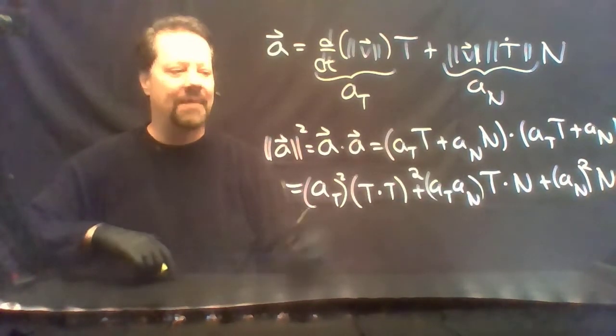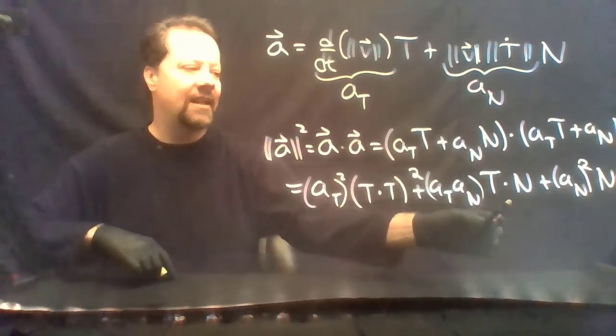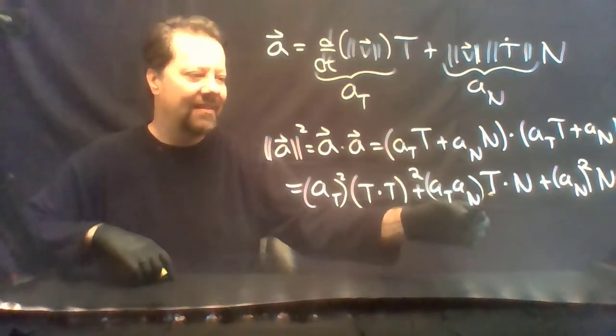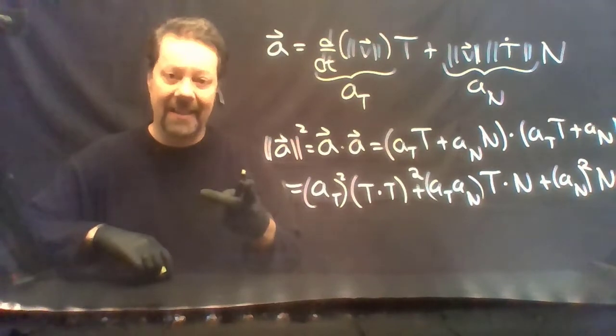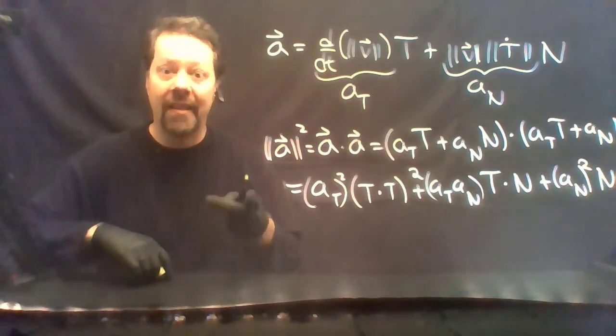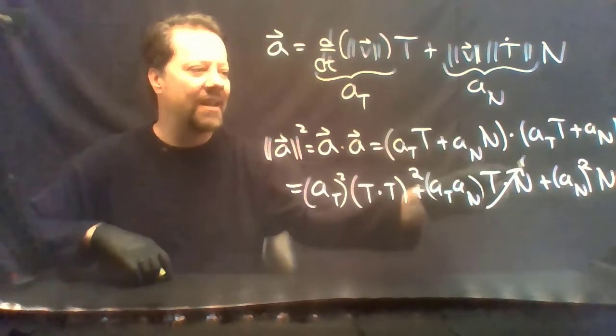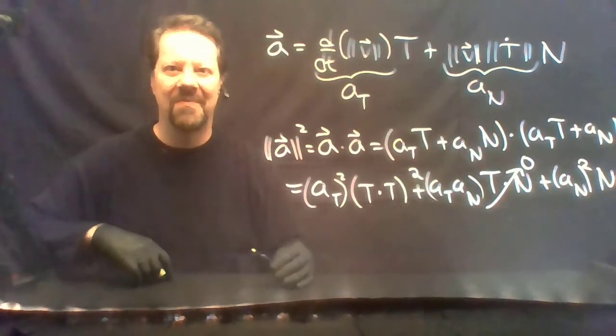Now I want you to think about t dot t, t dot n, and n dot n. T and n are at a 90-degree angle to each other. They are orthogonal, and hence their dot product must be 0.